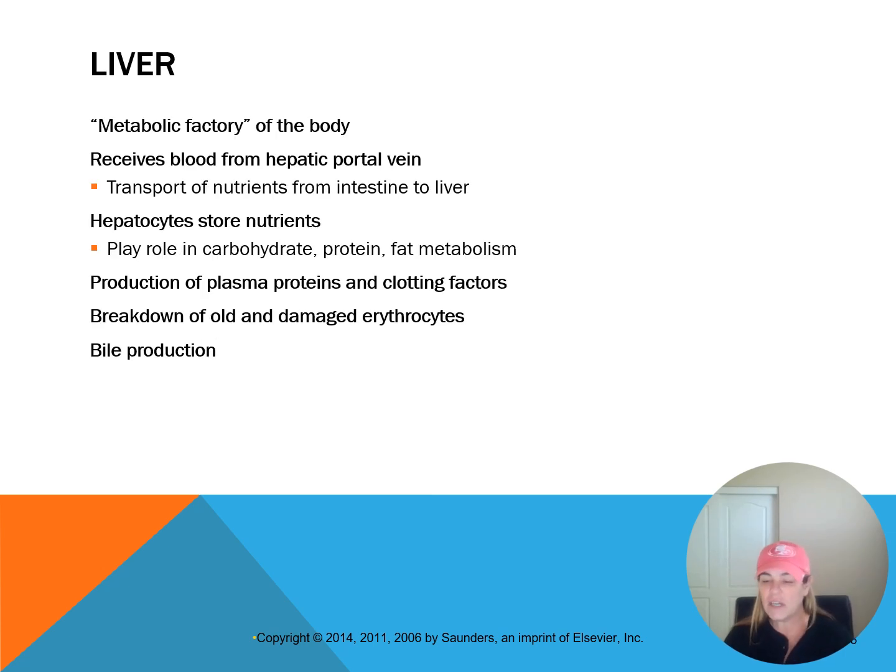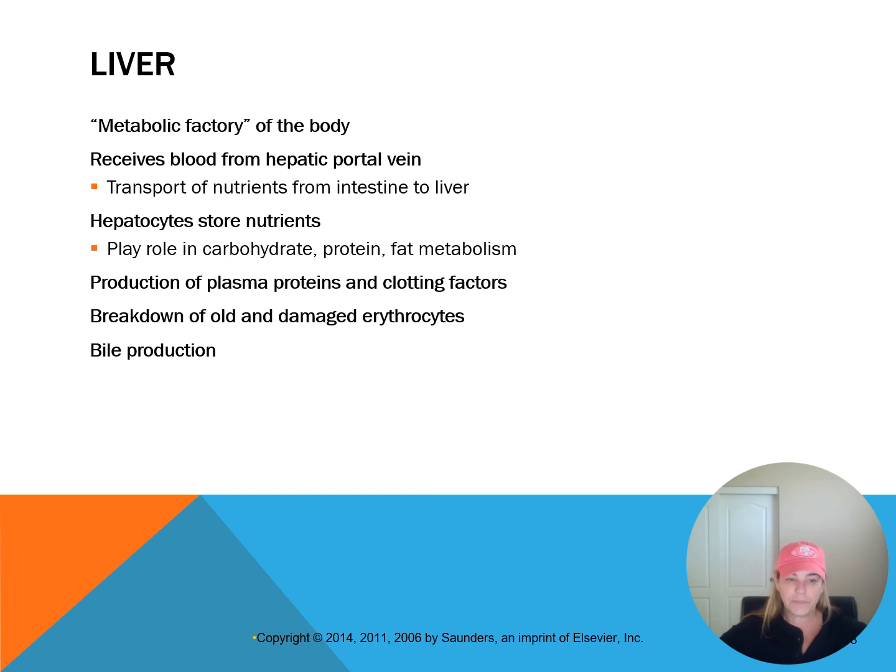The liver is what we call the metabolic factory of the body. It has a very important function, and you cannot live without a liver. It receives blood from the hepatic portal vein, which transports nutrients from your intestines to your liver. That's how you get the necessary minerals and vitamins from the food that you ingest.